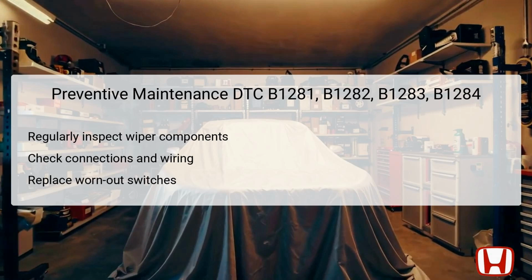Additionally, checking the connections for corrosion or looseness can prevent intermittent issues that may arise over time. It's equally vital to replace worn-out switches proactively, as they are crucial for the proper functioning of the wiper systems. By incorporating these maintenance steps into regular vehicle upkeep, drivers can promote safe driving conditions and avoid the need for more extensive repairs down the line.